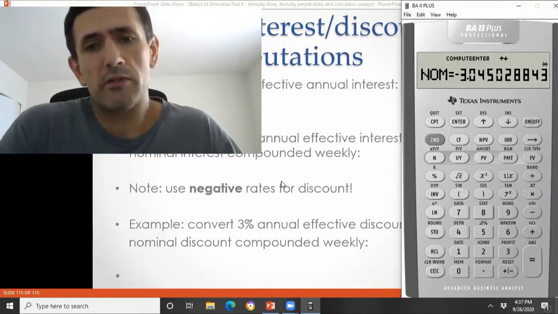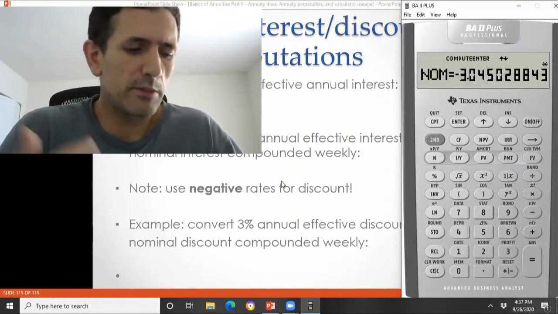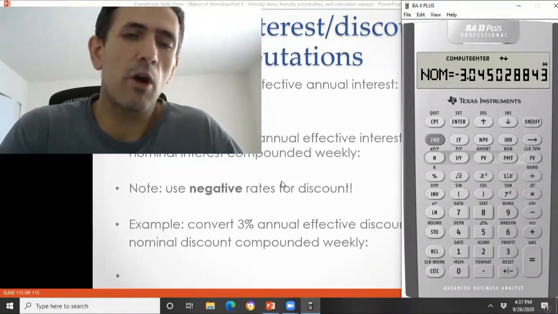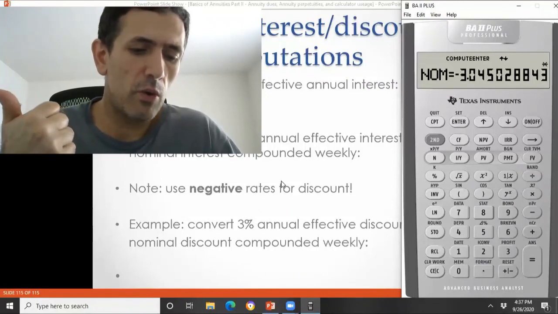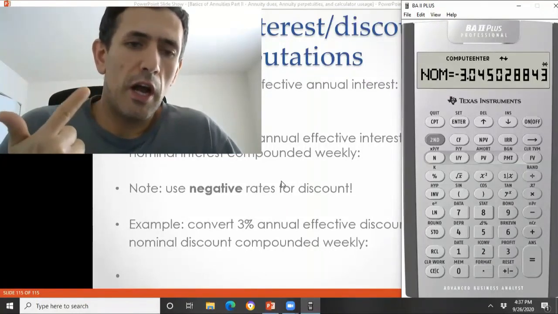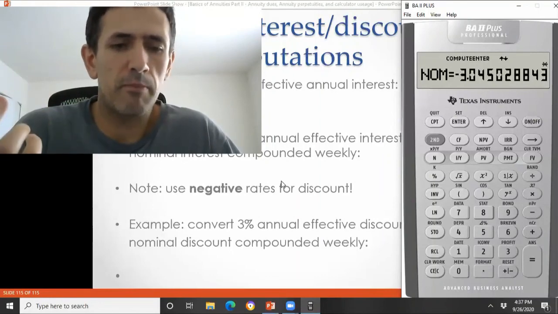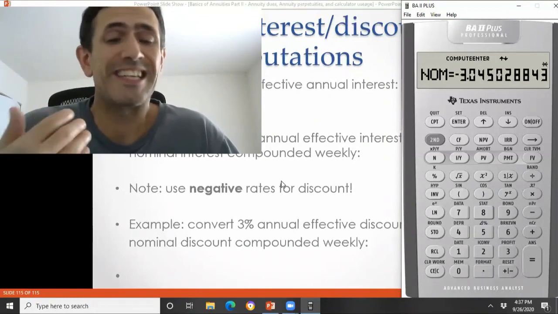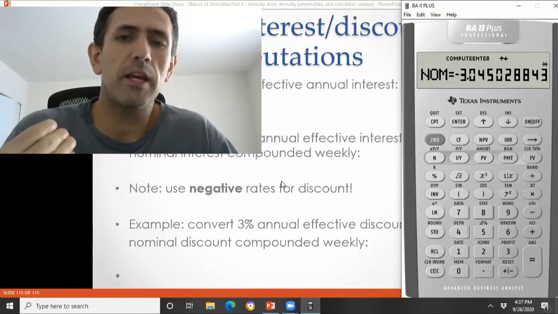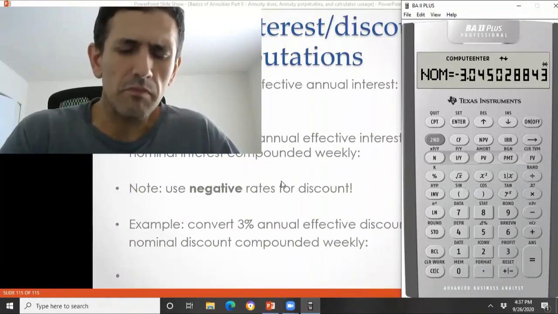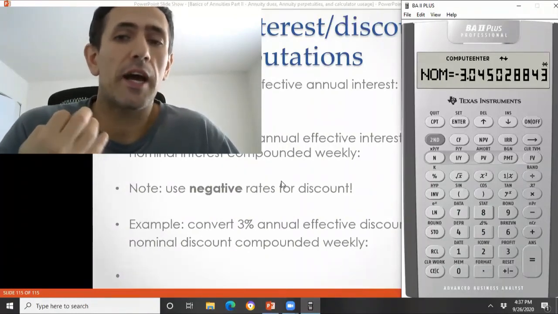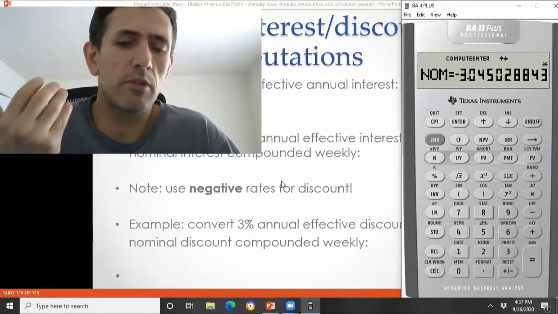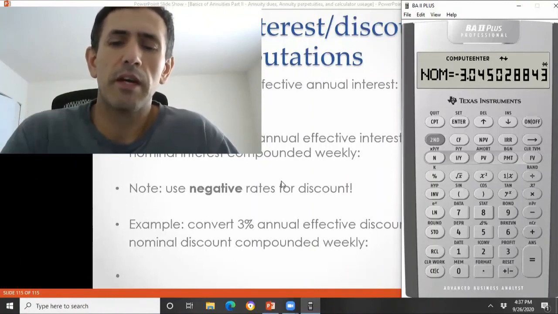So this calculator literally has the same functionality as your fancy TI 80s or 90s, except there's no graphing feature and there's no programming feature, which might be good or bad, but it doesn't matter because it is Exam FM and Exam P allowed. Anything programmable or graphing is not allowed in the exam.